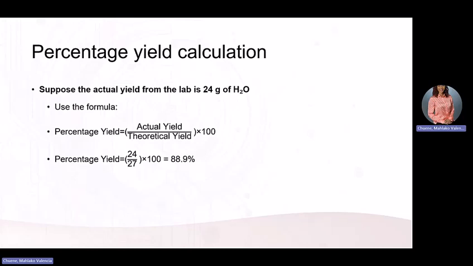How much did we actually yield? We yielded 24 grams over the theoretical yield, the one that we got using the moles, which is 27 grams, and then we multiply that by 100, and we find that our percentage yield is 88.9%.